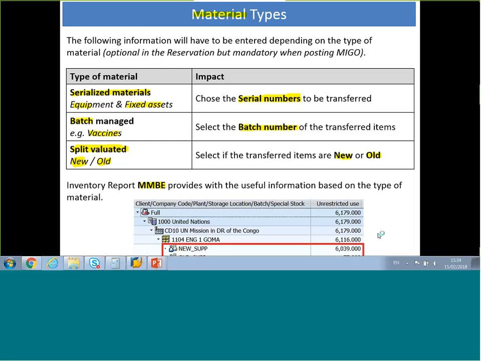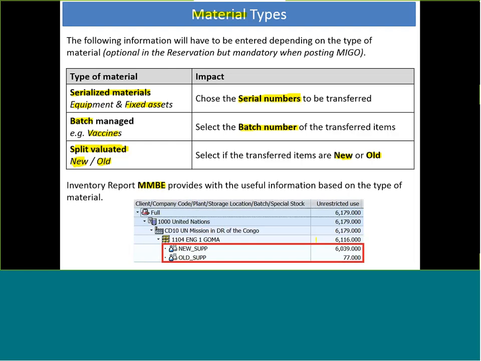So in the system, we will not only see how many we have in total, but also how many we have new and how many we have old. So out of the 6,116, we have most of them that are new and only 77 that are old.